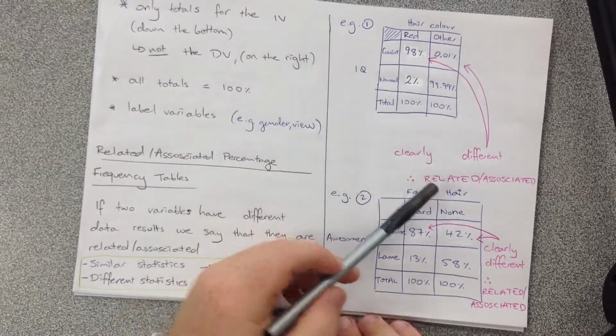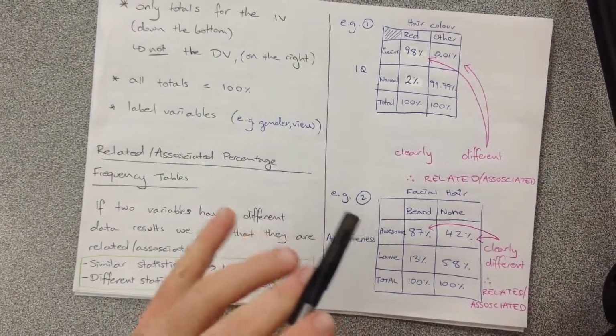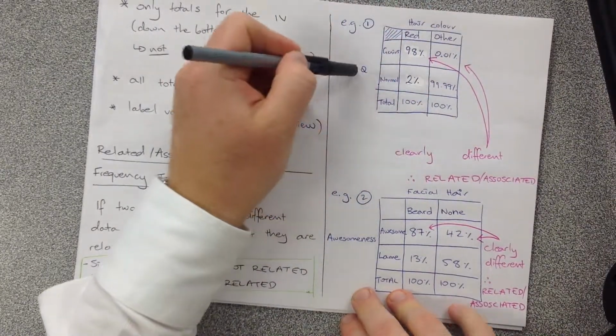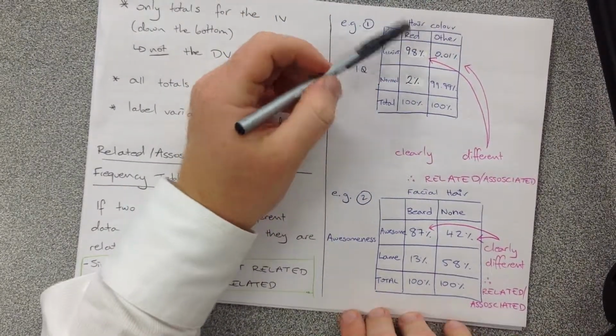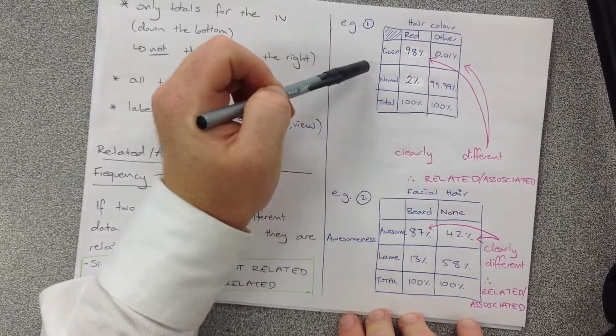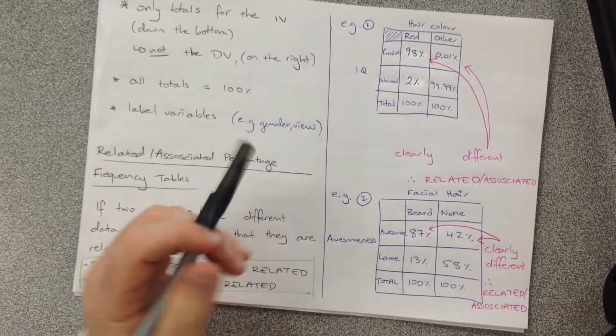So the two variables are related or associated. We're not saying, do the numbers look the same, are they related? We're saying, is there a relationship between hair colour and IQ? And we're saying yes. There's a big difference between what hair colour you have and what IQ you're going to end up having. So the two variables are related. One depends on the other happening.